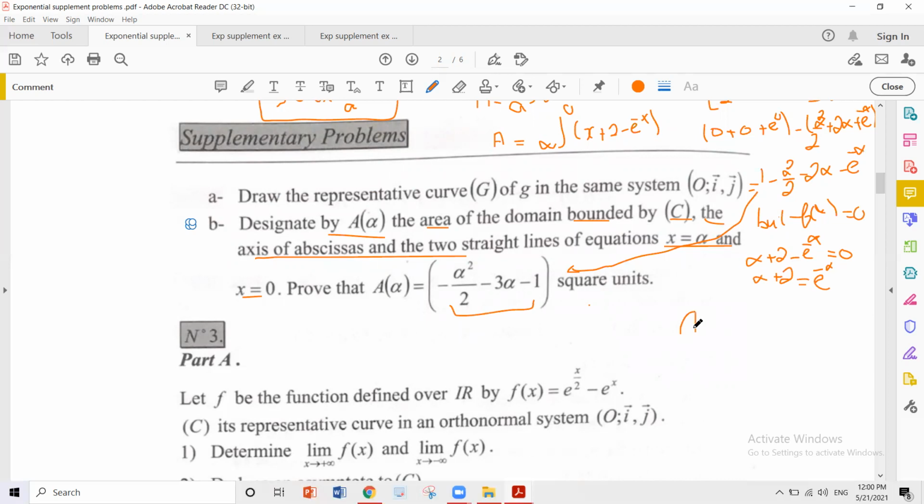So A alpha will be 1 minus alpha squared over 2 minus 2 alpha minus (alpha plus 2).